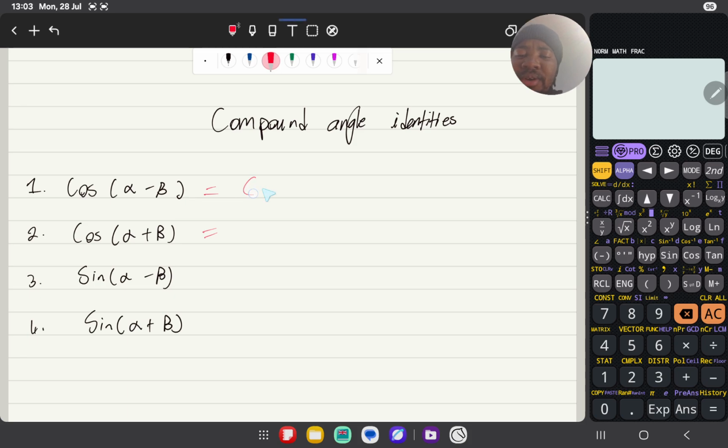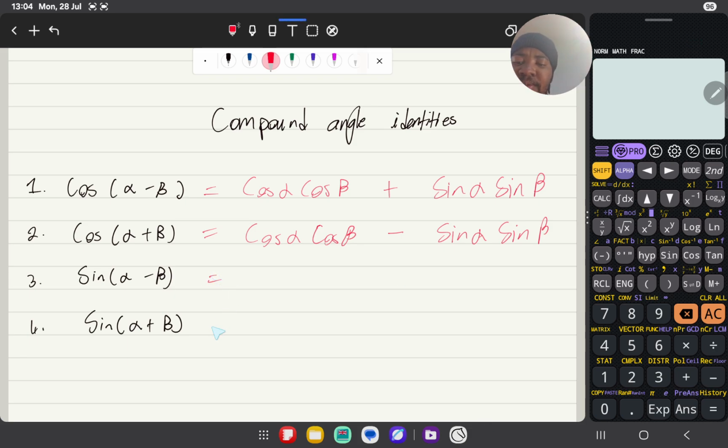So for cos you have cos alpha cos beta, sine alpha sine beta. The sign here changes. It's a minus, therefore it's a plus here. It's a plus, therefore it's a minus here.